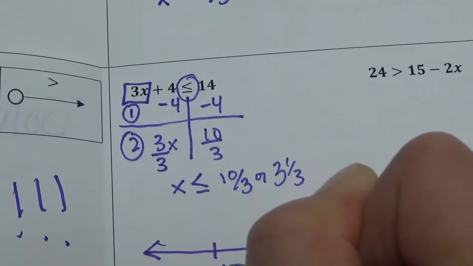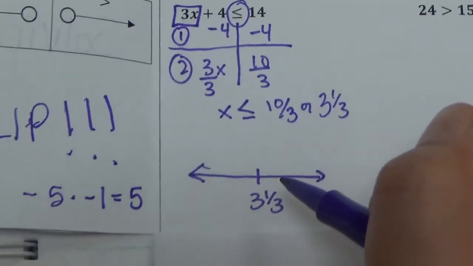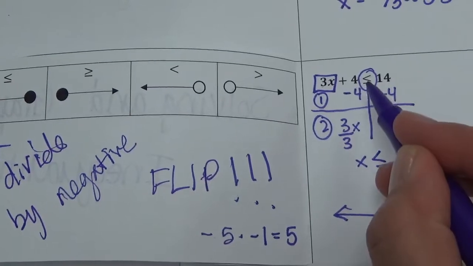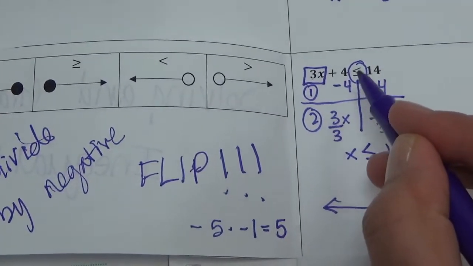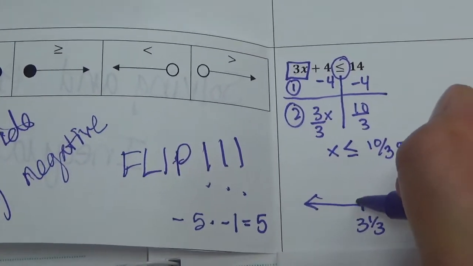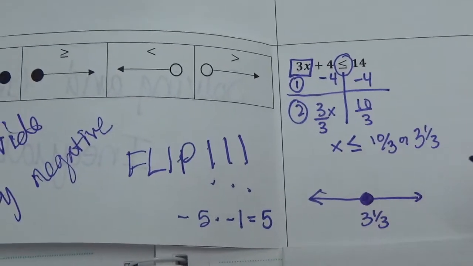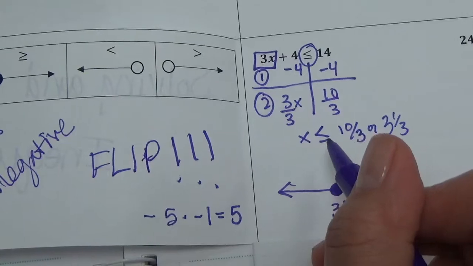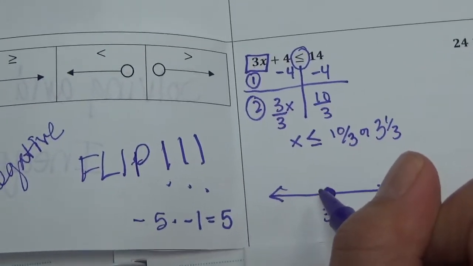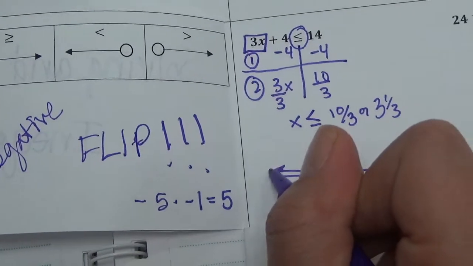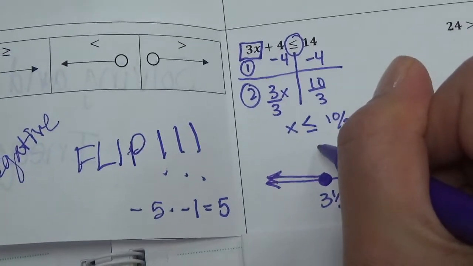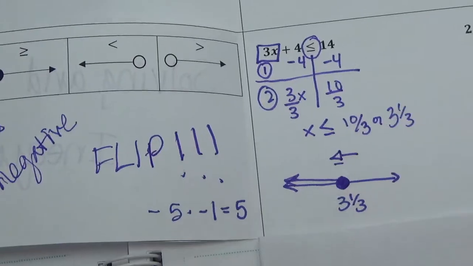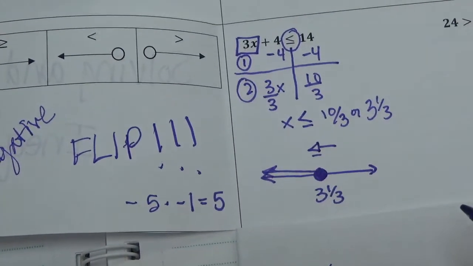So we have 3 1/3. And I'm going to decide if I need to have an open or closed circle. If it has that equal to symbol, that means that we are going to include 3 1/3. And x is less than or equal to 3 1/3, so it will be any value less than. Another little trick is this inequality symbol. If you make it into an arrow, it points in the direction it's going to go.